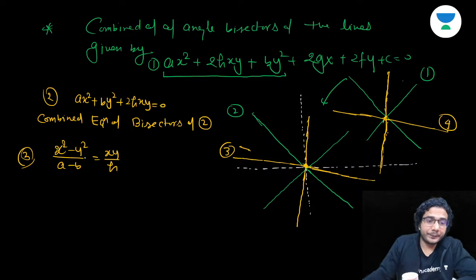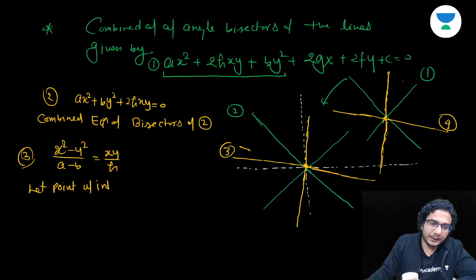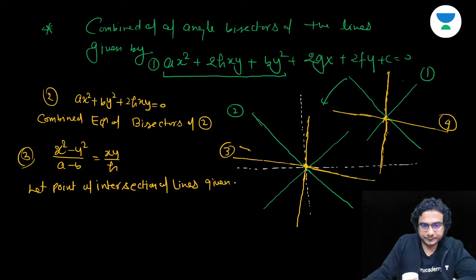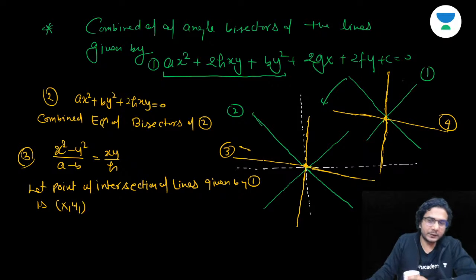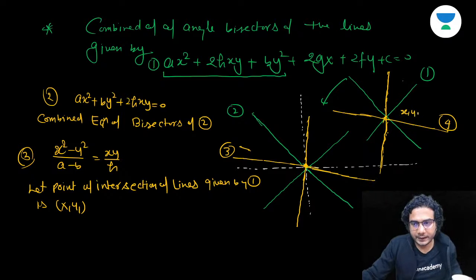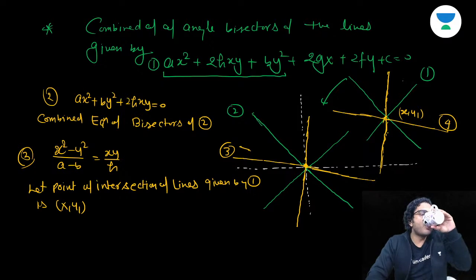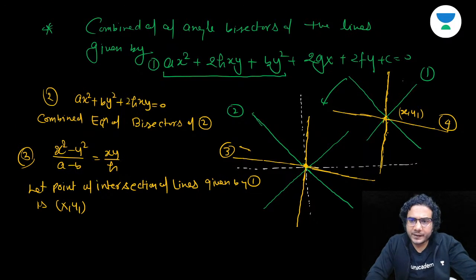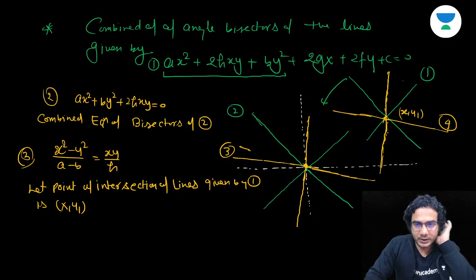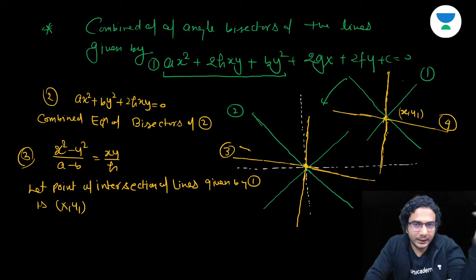To get this, let the point of intersection of lines given by 1 be x1, y1. We know how to find this point using partial differentiation, right? We'll differentiate partially with respect to x and with respect to y, get two linear relations, solve them, and get this point.